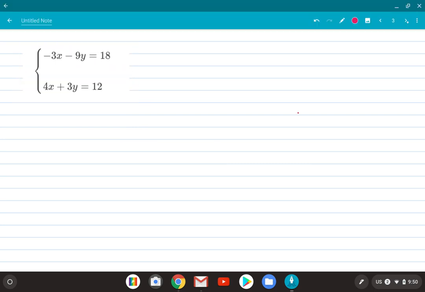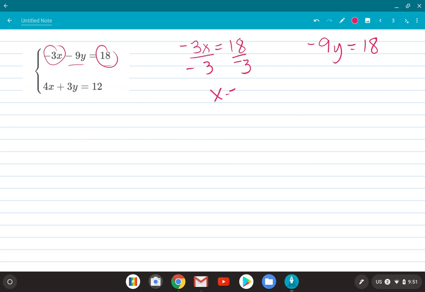So I'm going to take the first one, negative 3x equals 18, and negative 9y equals 18. Divide both by negative 3. X is going to be negative 6, and y is going to be negative 2.